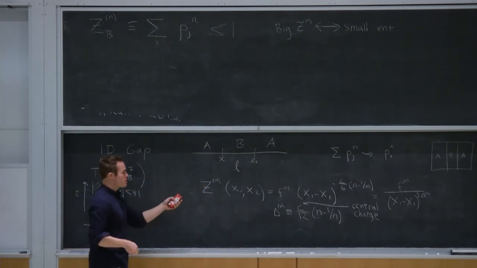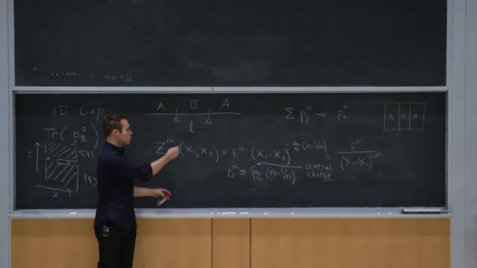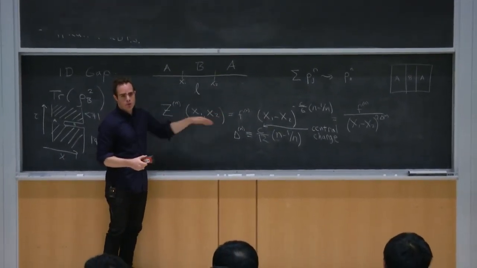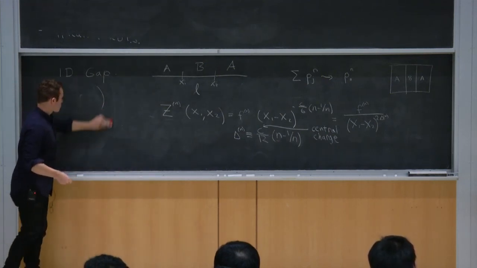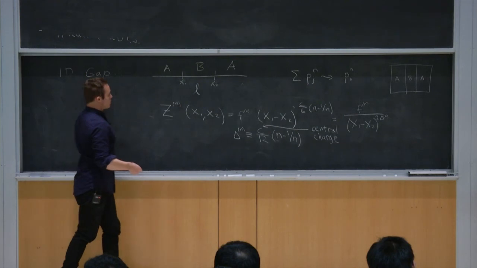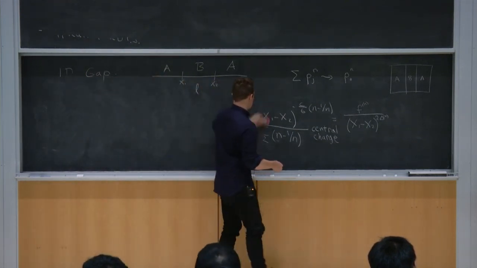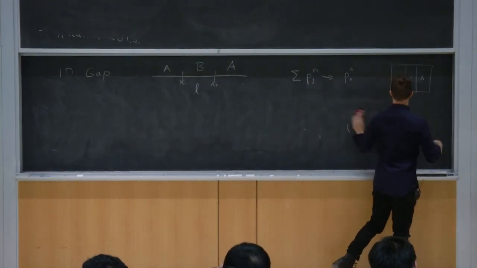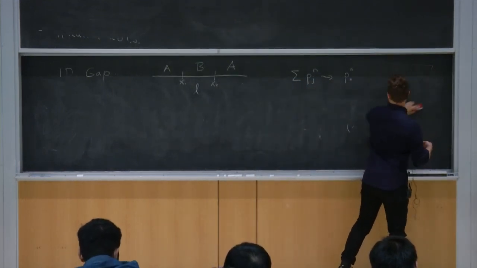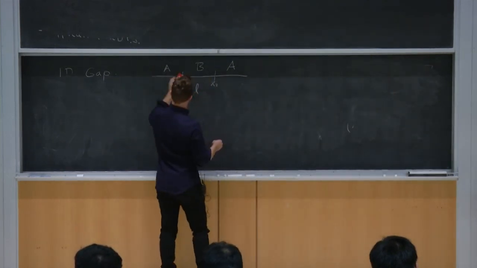The other nice thing about this is I'm doing it for a pure state, but you can ask, okay, so what's useful about knowing it's a scaling operator or a primary? Let me do another geometry, which would be, rather than doing an infinite system, I'm just going to do an open chain.